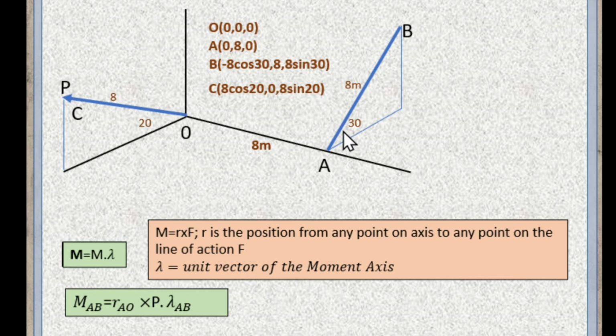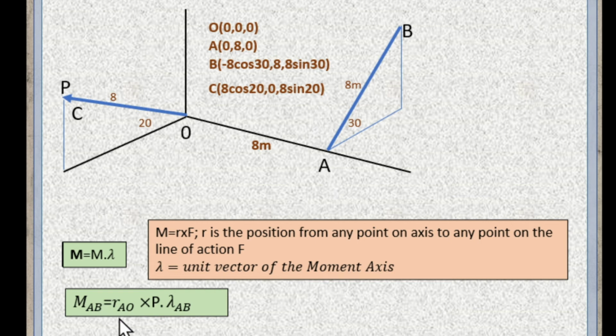So the technique here is to choose the least number of coordinates. You can also check the given figure. Points O and A are level with each other, so it will give us the least number of coordinates.